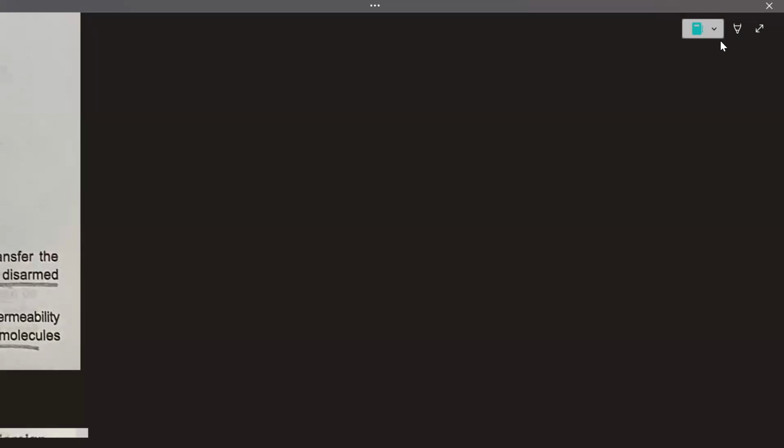Now tell me, what is the difference between regeneration and fragmentation? How are they different from each other? In fragmentation, what happens is it breaks down and the small pieces get matured and form individual organisms.